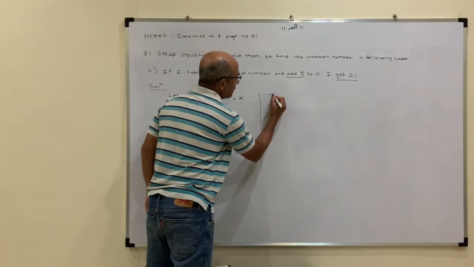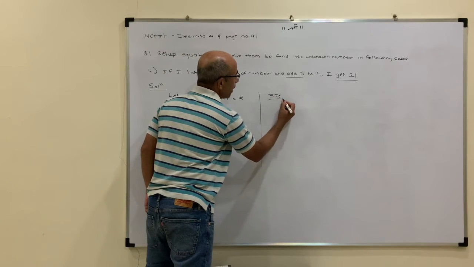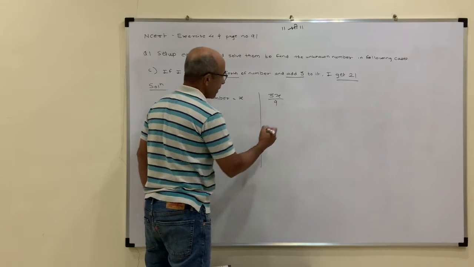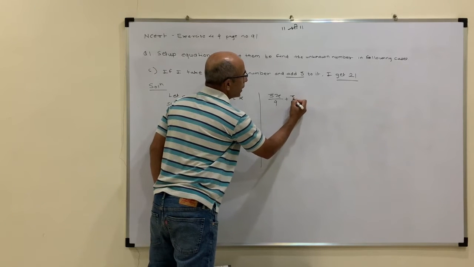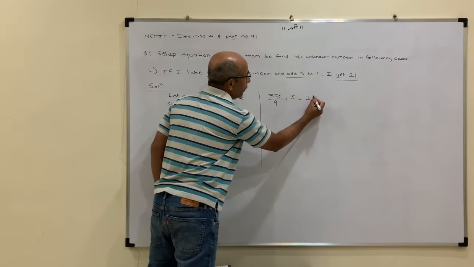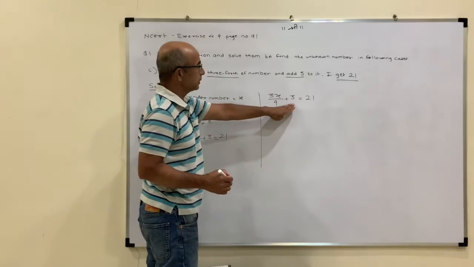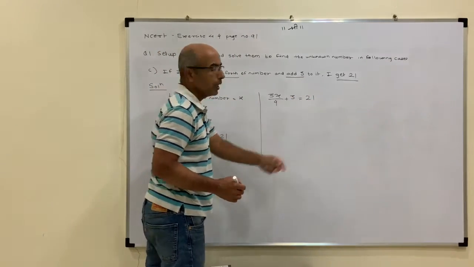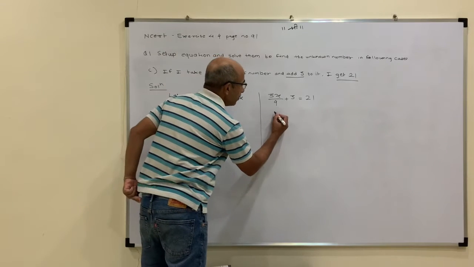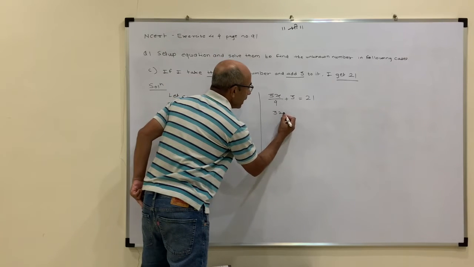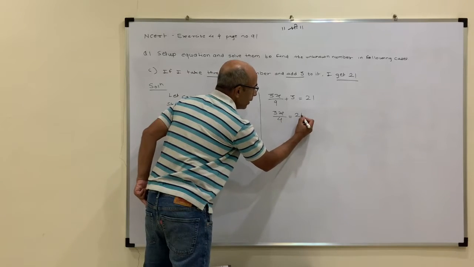My equation is 3x divided by 4 plus 3 equals 21. So now first I will transpose this plus 3 onto the right hand side. So my next step will be 3x divided by 4 equals 21.